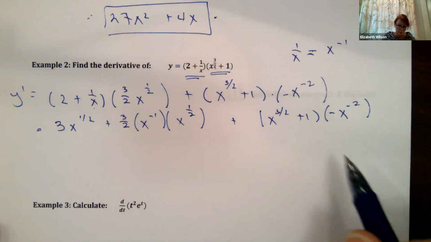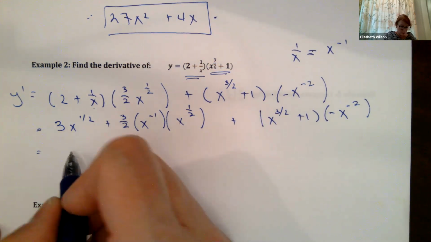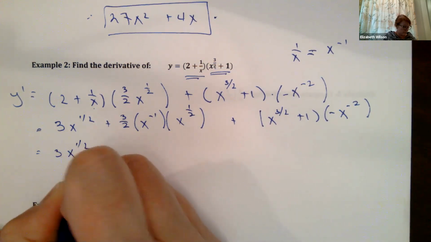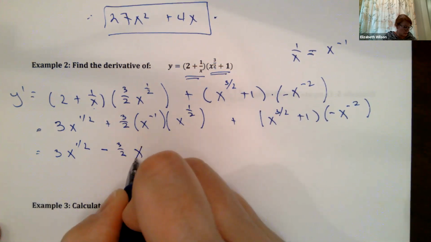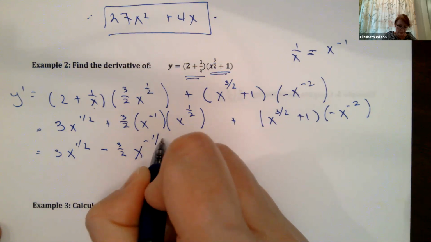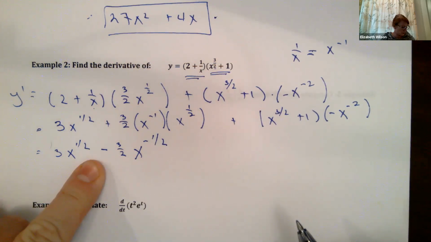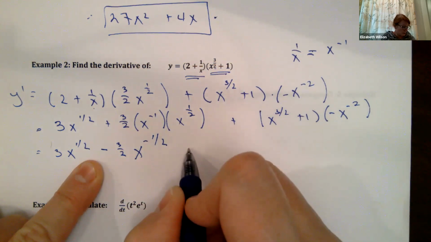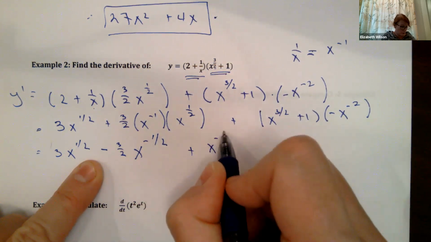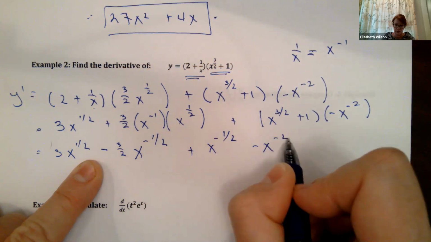We'll do these piece by piece. So 3x to the 1/2 minus 3 halves x to the minus 1/2. Why did I subtract that one? I think I must have combined it over here. Plus x to the minus 1/2 minus x to the minus 2.